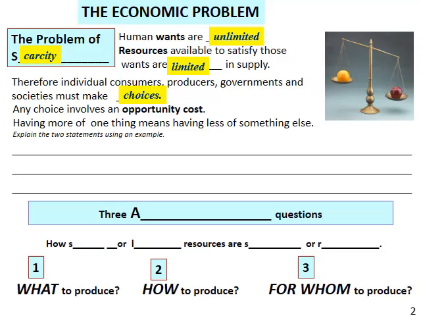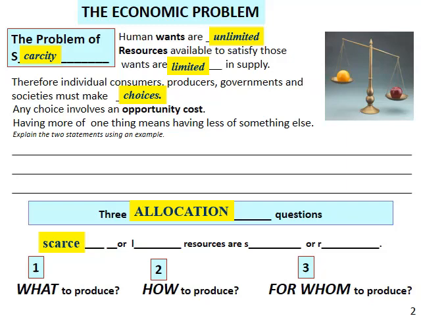Now, the problem facing societies, facing individuals, facing businesses, what are known as the three allocation questions. Who is going to get the resources? What are the resources going to be used to produce? How are they going to be produced, and for whom to produce?